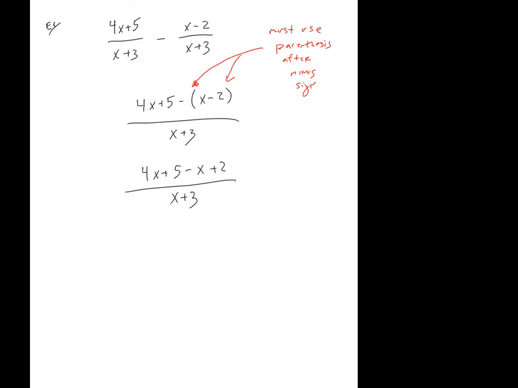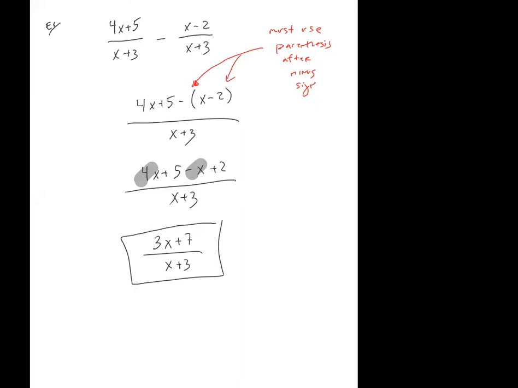Now from there, it shouldn't be too bad. Now we can just combine our like terms, right? 4x minus x gives us our 3x. And then when we add 5 and 2 gives us a 7, and that's over x plus 3. Not a whole lot we can do there.